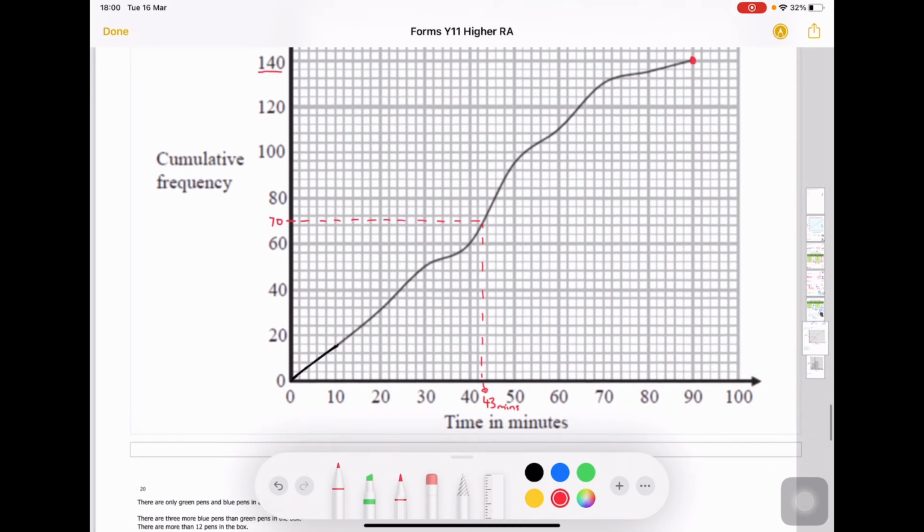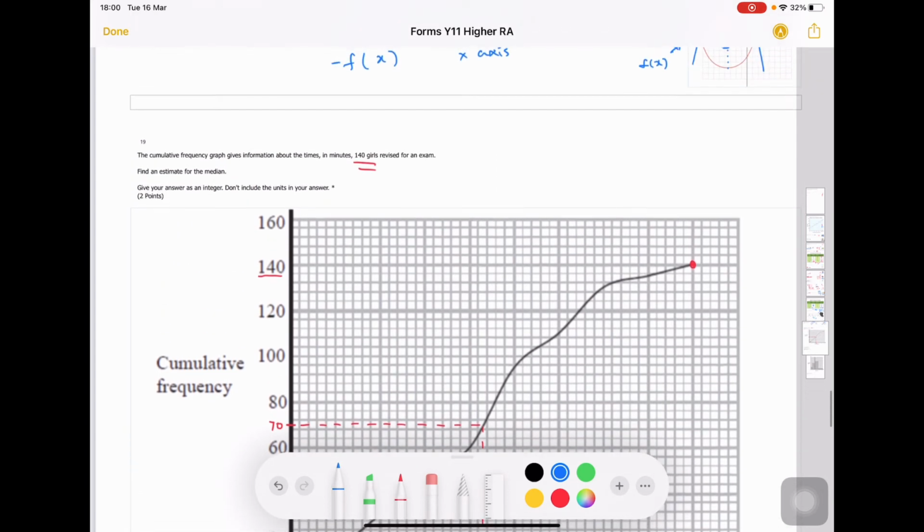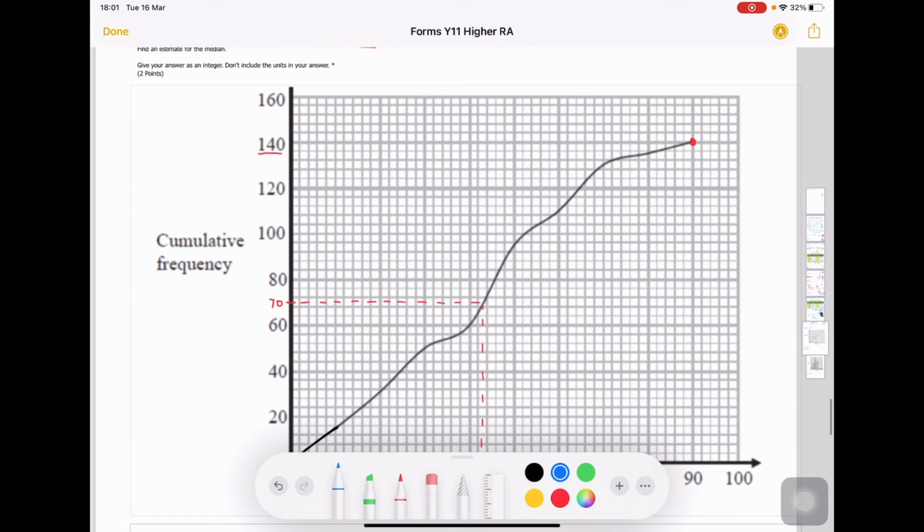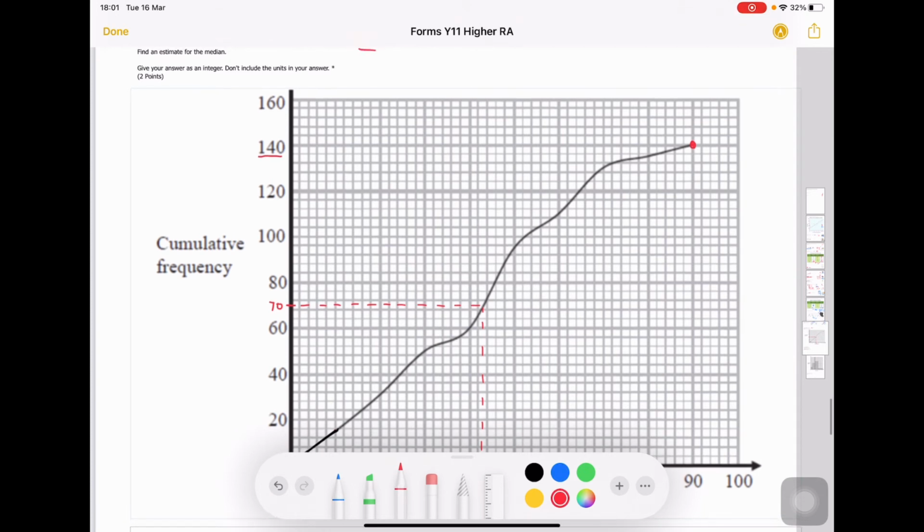Just as a bonus, let's work out the upper quartile and the lower quartile. Since the median was half of 140, the upper quartile will be 3/4 multiplied by 140.